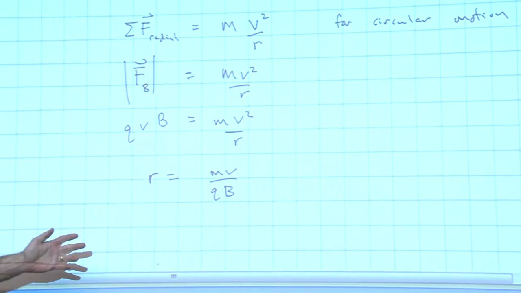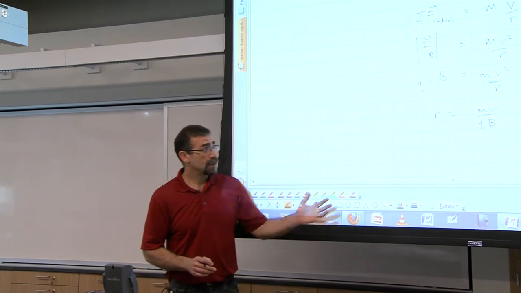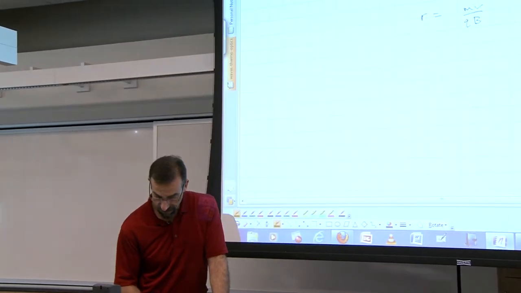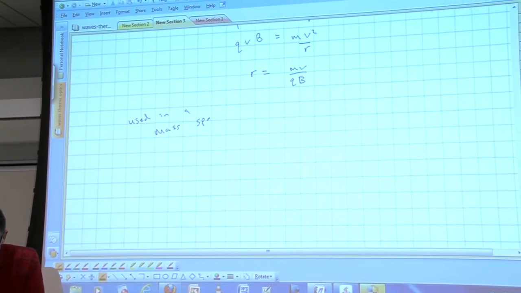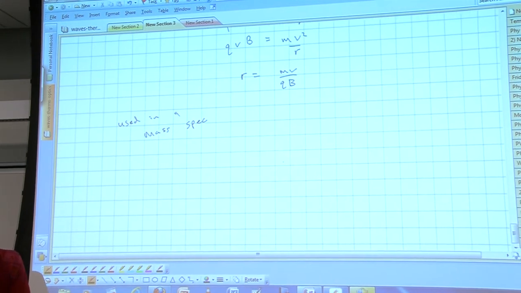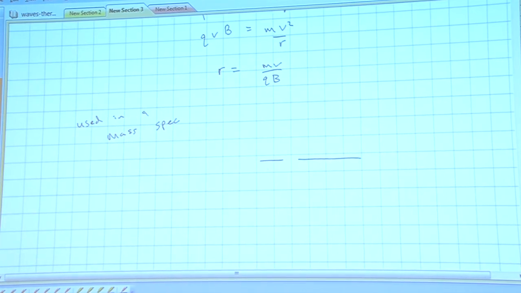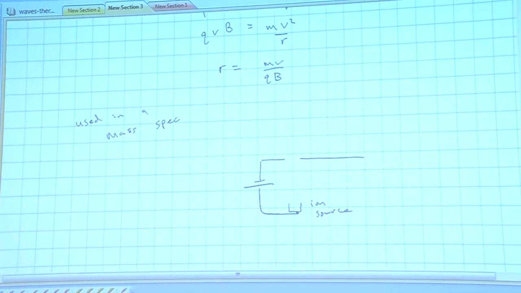So there's some applications here, like with a mass spectrometer. We can set up a situation where you have particles, so you have an ion source, and it creates a positive charge.